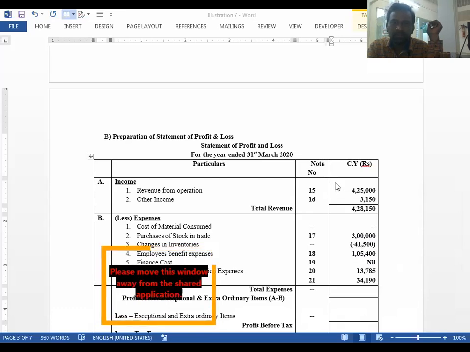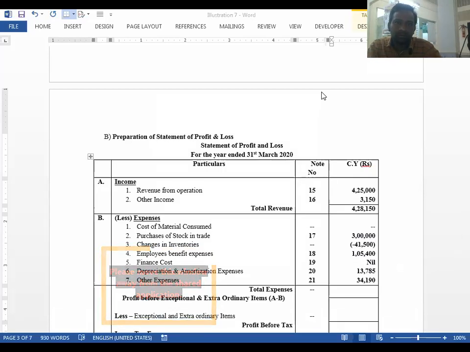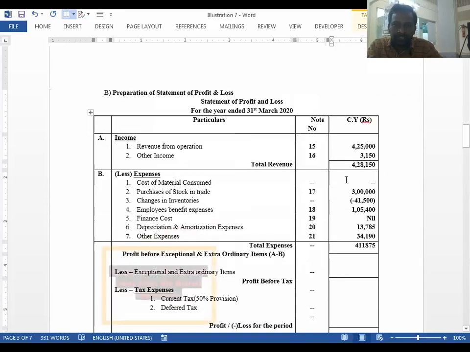Very good, 4,11,875. Now this is the first total and this is the second total.